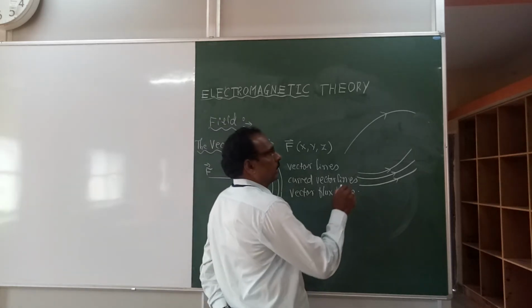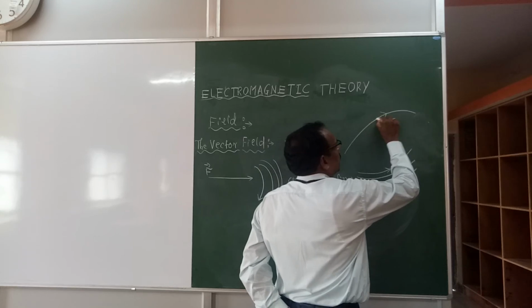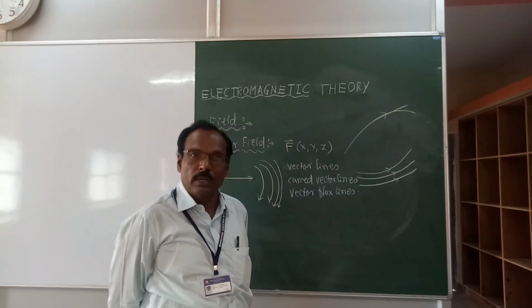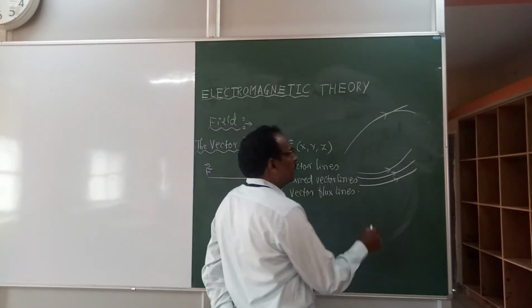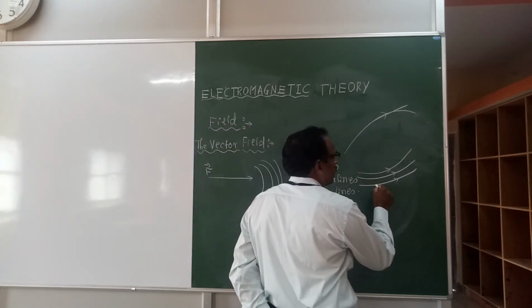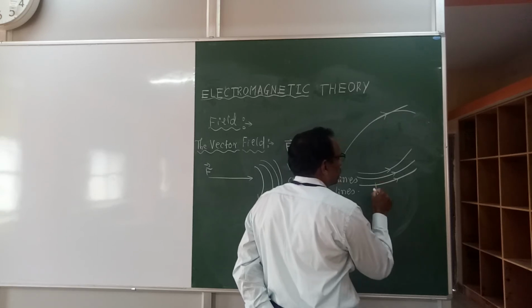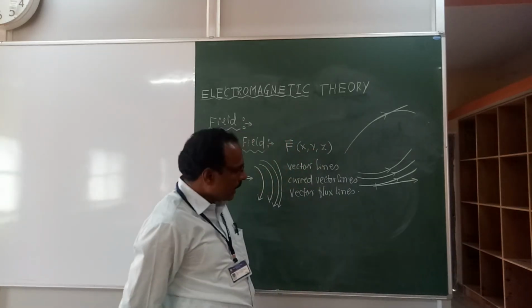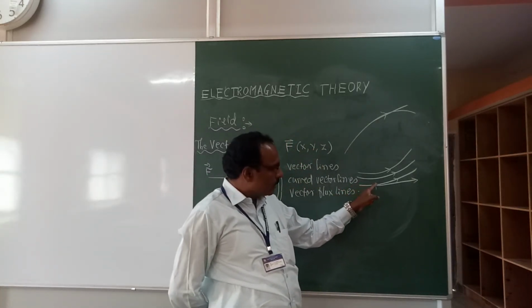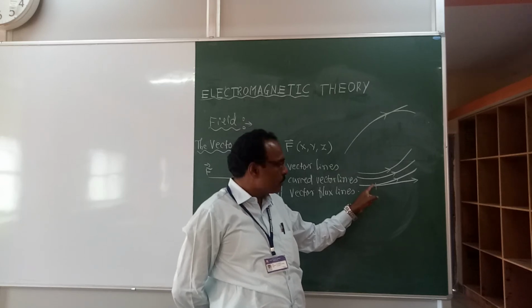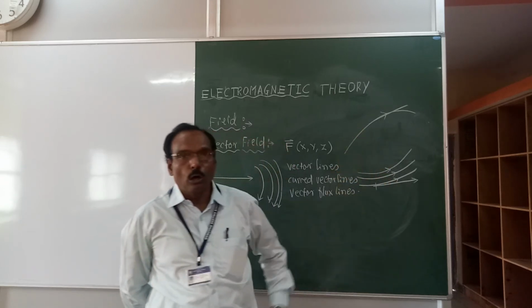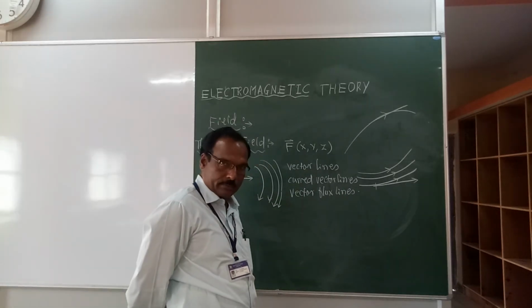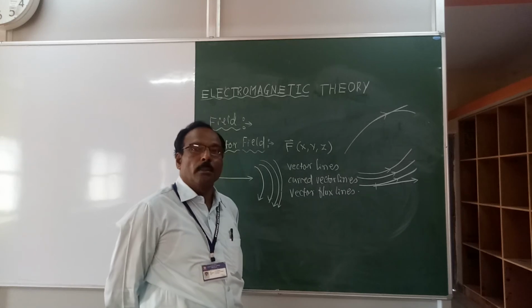If you draw a tangent at any given point, say I want to find the direction at this point, I will draw the tangent. The tangent drawn at a particular point on a vector line represents the direction of a vector field at a given instant.